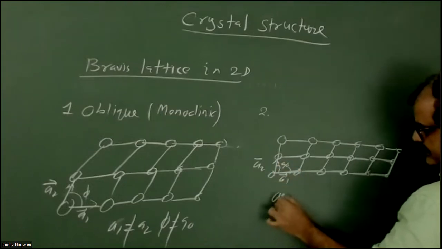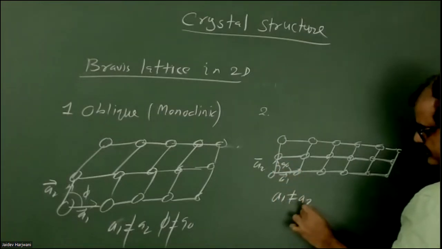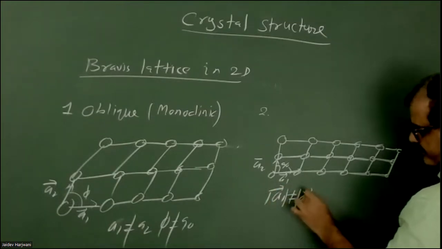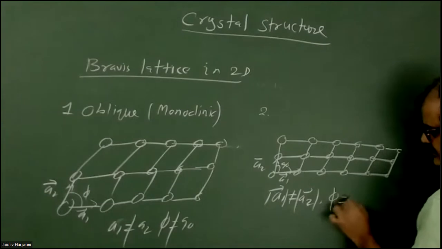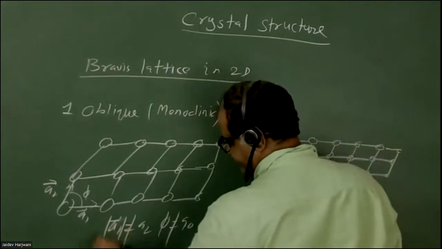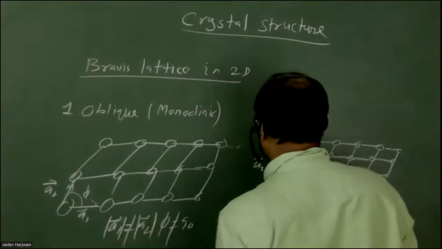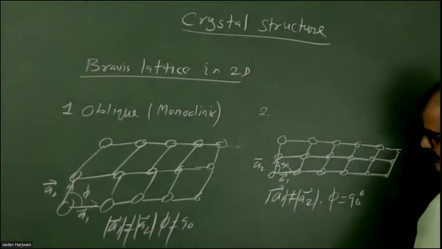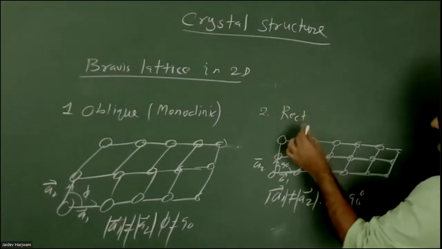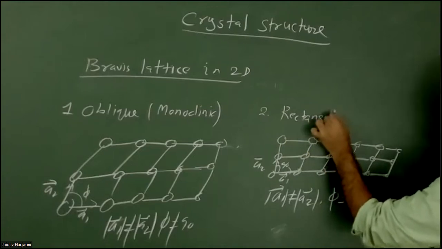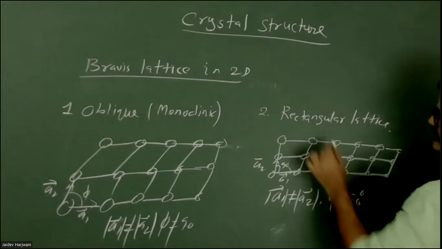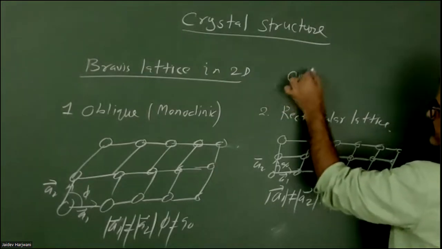So I can write a1 is not equal to a2, because the magnitude of a1 is not equal to the magnitude of a2, but phi is 90 degrees. This is your rectangular lattice, and the crystal system for this one is orthorhombic.